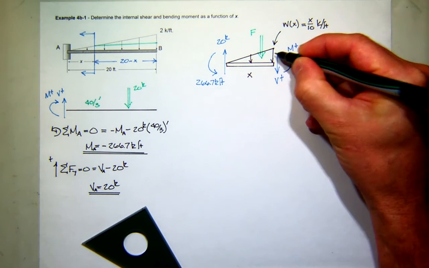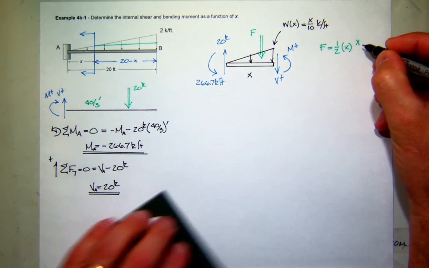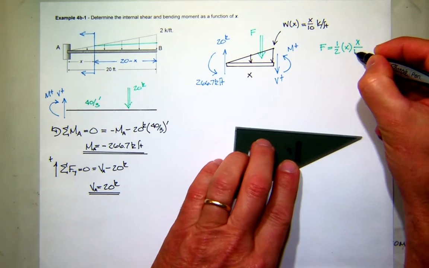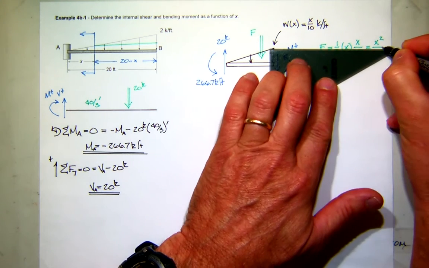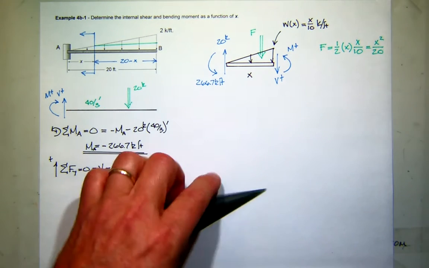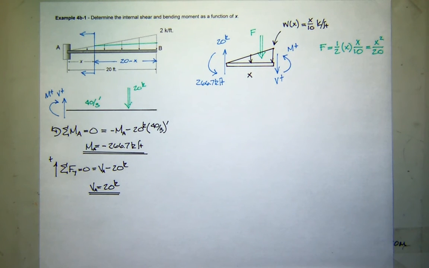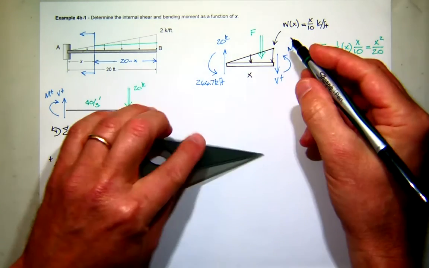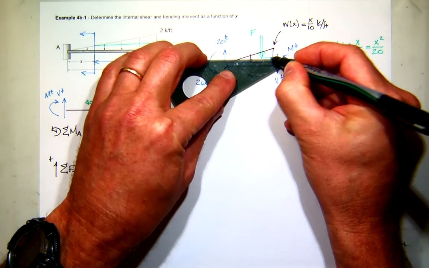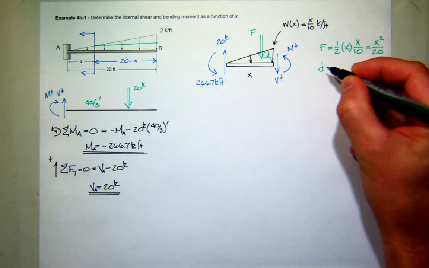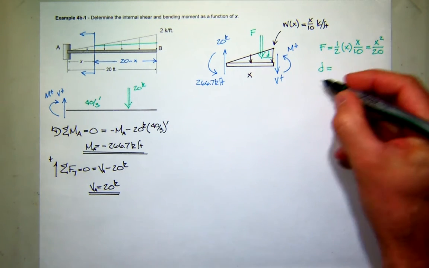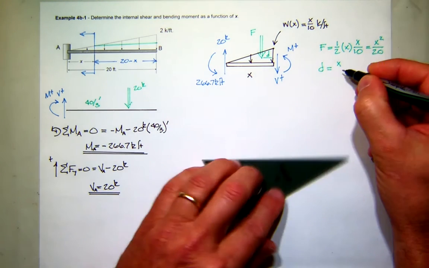What's my height? x over 10. So that ends up being x squared over 20. And what's the distance from this cut face? I'll call it D. What's that distance, D? It's the length divided by 3, which is x over 3.